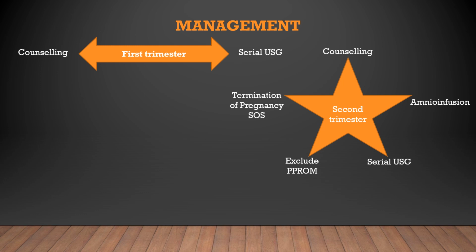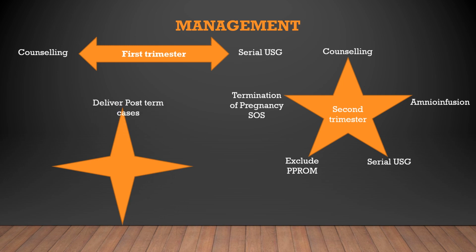Then serial USG to rule out any complication. If preterm pre-rupture of membrane is there, means the fluid will slowly escape out, so we have to exclude it. And lastly, if the baby is term, or there is any difficulty in the baby's breathing or any other complication, then you should go for termination of the pregnancy.